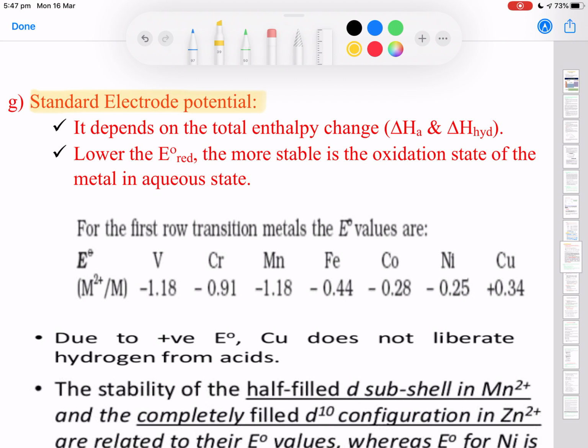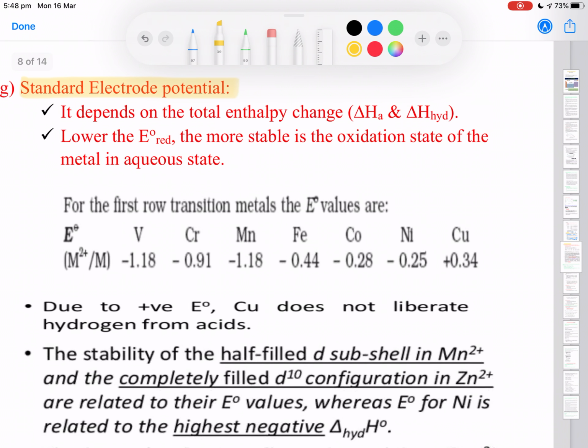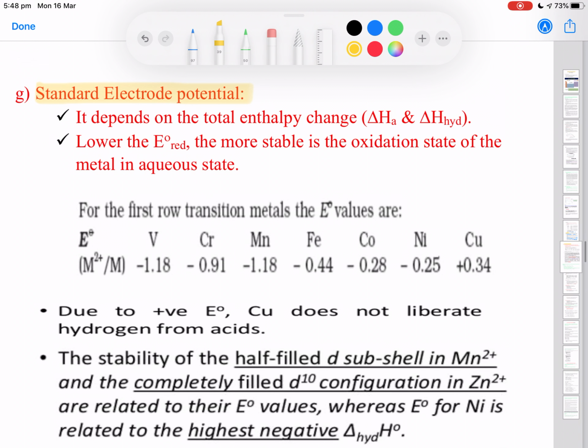That's very important topic. Okay, this topic you are aware of it because in grade 11 you have learned about redox, chapter called as redox. In that chapter there is a discussion of how the electrode potential describes the oxidation or the reduction of a particular species to happen.